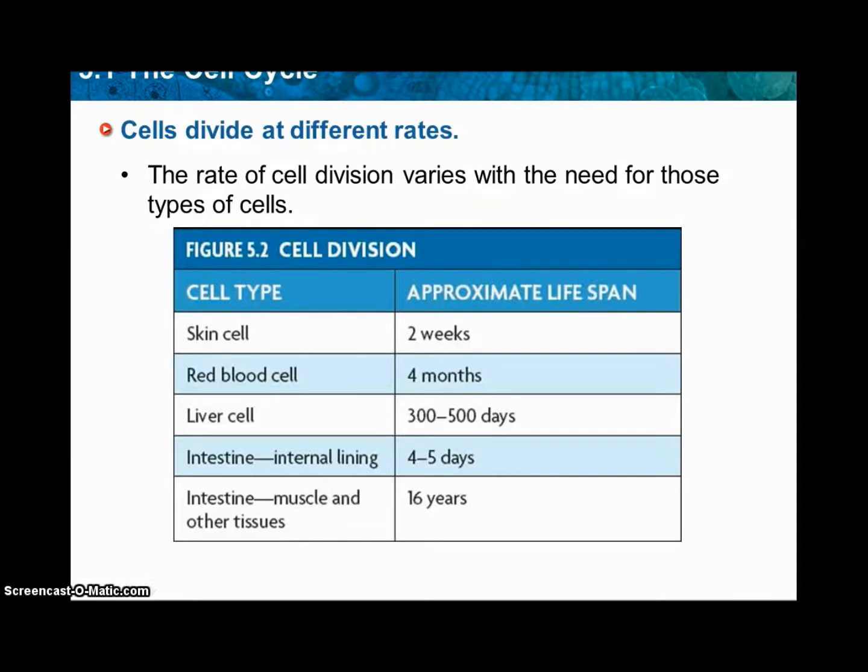Skin cells are going to last for about 2 weeks, red blood cells 4 months, liver cells 300 to 500 days, intestine, which is the inner lining, 4 to 5 days, and muscle and other tissues 16 years. So some of your cells right now are just now dying and starting to regrow and replicate, which is kind of amazing.